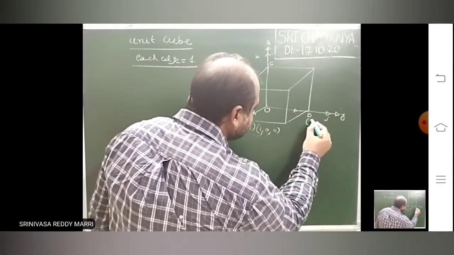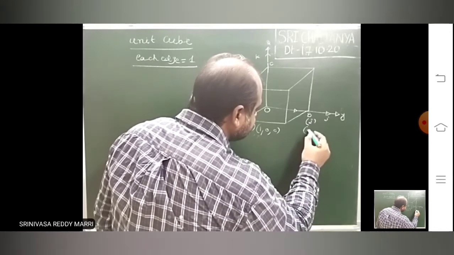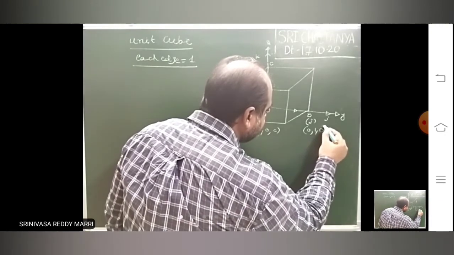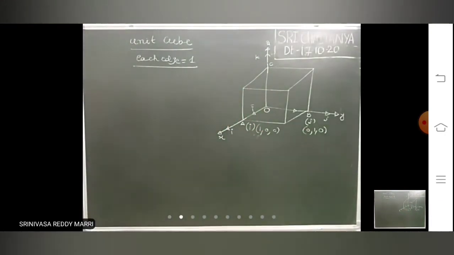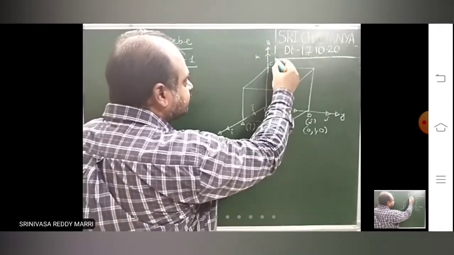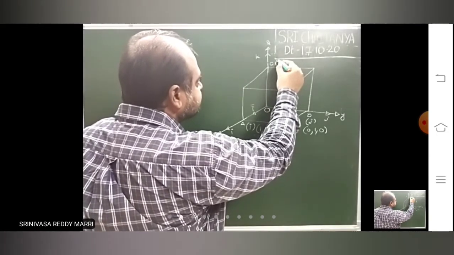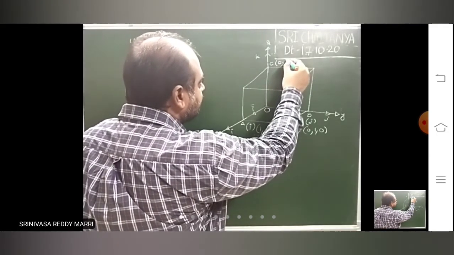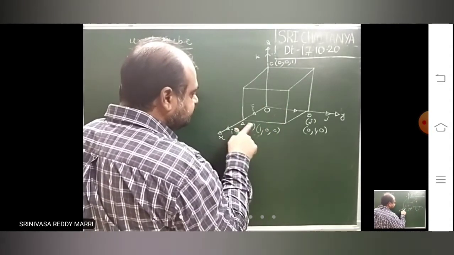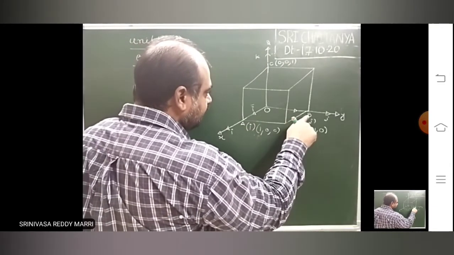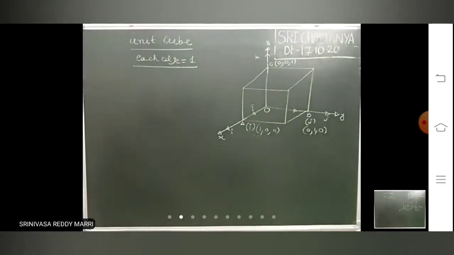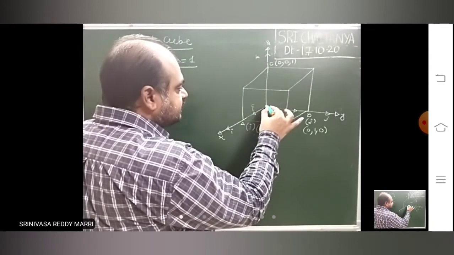OB bar is 1 unit along the unit vector j, so B is (0, 1, 0). In the next chapter also this will be helpful to you. OC bar is k bar, so on the z-axis the point is (0, 0, 1). Therefore A is (1, 0, 0) with position vector i, B is (0, 1, 0) with position vector j, and C is (0, 0, 1). You take it like that.